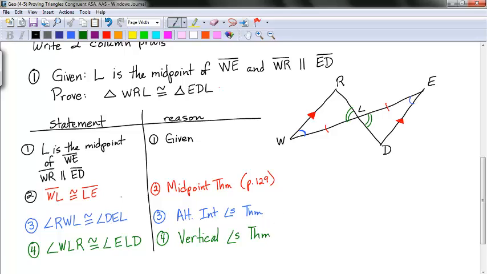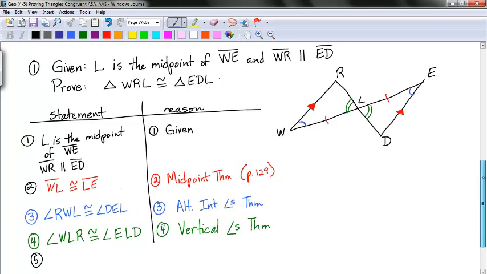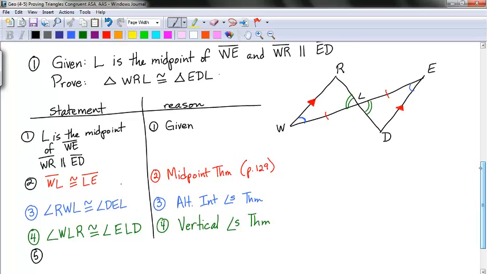Okay. Now, if you look, do we have enough? We've got angle, side, angle. So now, it's critical that when you do this, you write it in the order they're asking us to prove it. So that's how you need to write it.